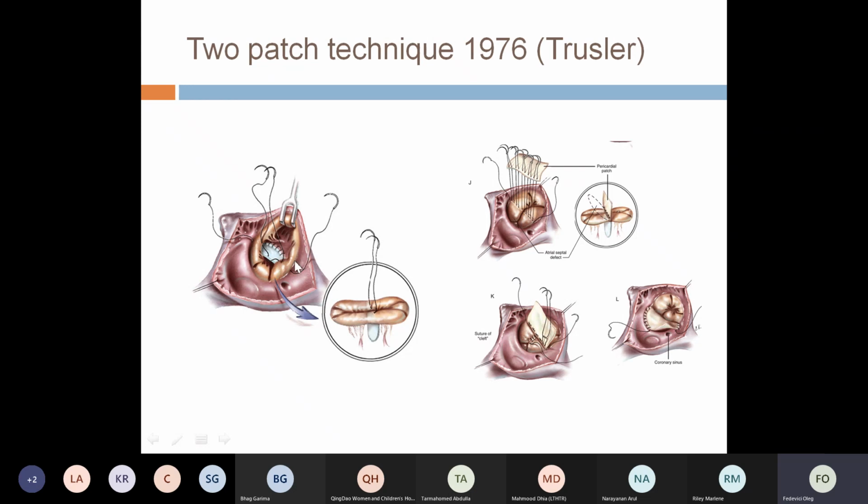The success of the repair depends on how well you separate the valve and how well it will be closing after your separation, because any geometrical distortion of this valve can lead to significant regurgitation and a bad result after the surgery. So it's very precise surgery at this part, and you have to think about a lot of stuff during a short period of time, because you haven't got too much time to decide when the patient is on bypass.